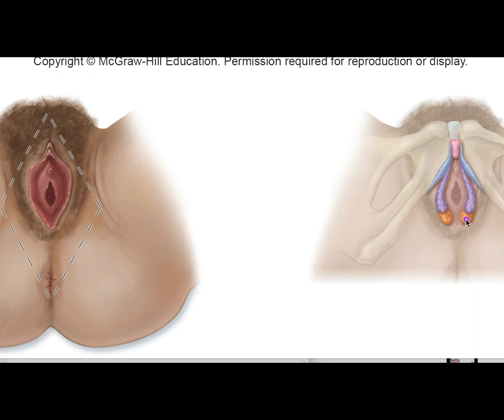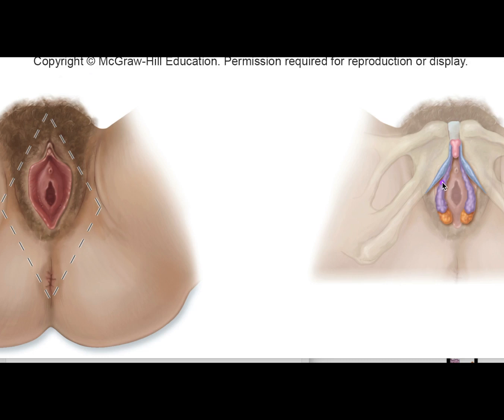And then we have this one here, the orange one underneath, which is the greater vestibular gland. And this is the one that produces a mucus-like substance. And you can see the openings to this gland right here and right here that provide lubrication in this area. So again, those aren't on your white sheets.